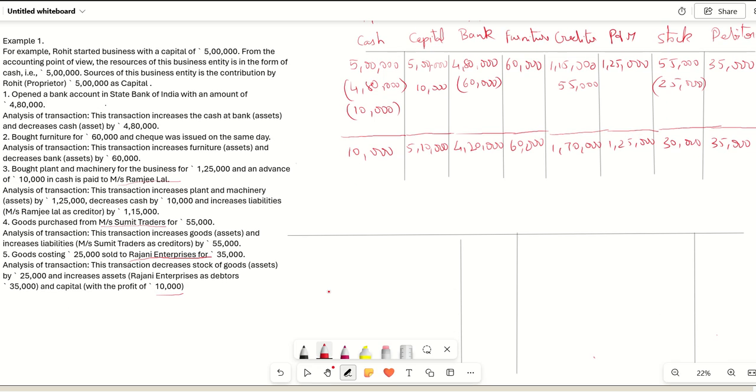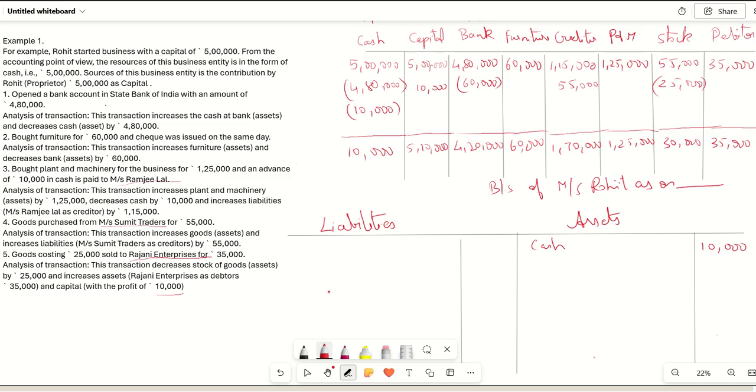So here it is the balance sheet of Mr. Rohit as on the date. This side will be your liability side, and this will be your assets. So cash is an asset. Cash balance is 10,000. I am picking it up from here, all the totals.